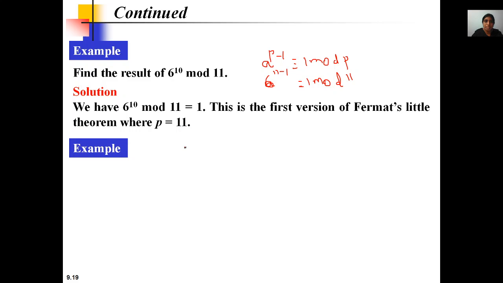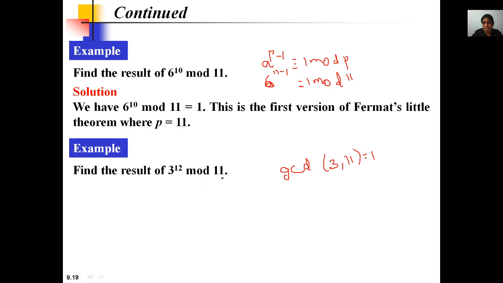Then coming to another example, it is given as 3 power 12 mod 11. It is in the form of a power 12. First we need to find whether the GCD of 3 comma 11 is equal to 1. When the GCD of 3 comma 11 is equal to 1, then they are relatively prime.